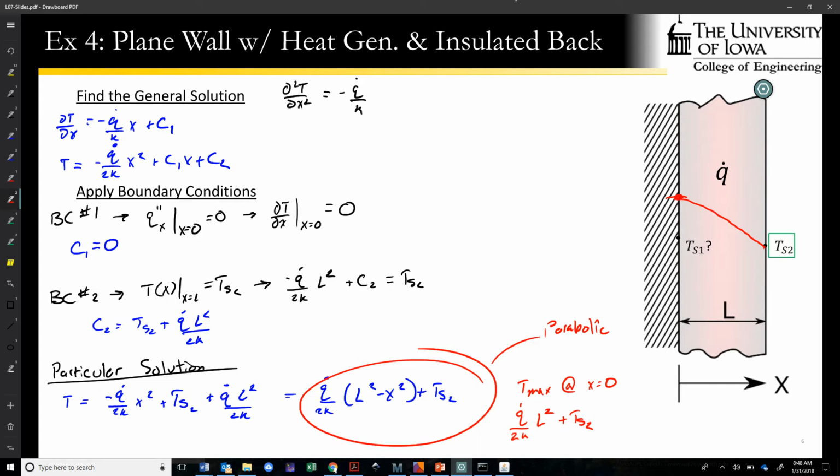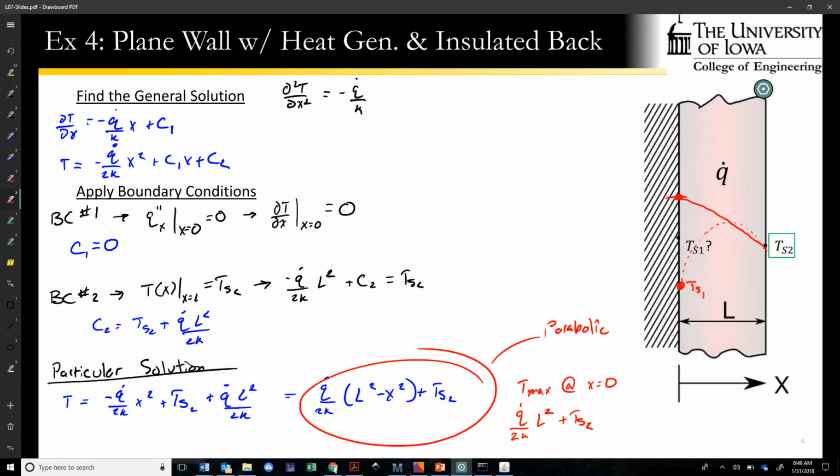Specifically, if we had some Ts1 over here, our temperature distribution would still be parabolic, but it would have a different maximum temperature point, and it would no longer be located along this wall. So you'd have some interior point where the temperature is highest. Okay.